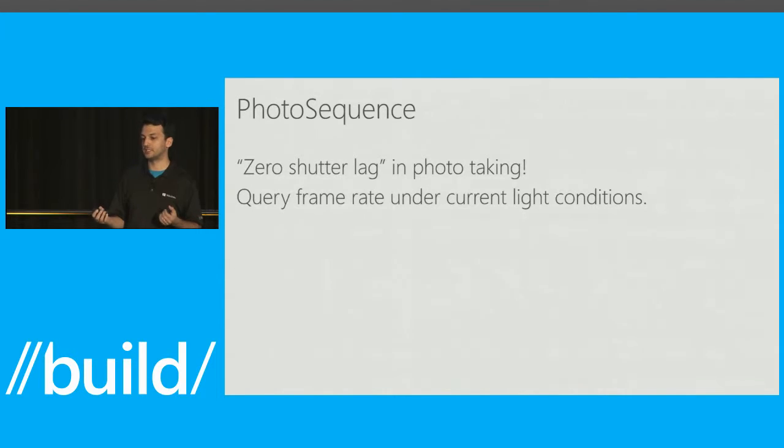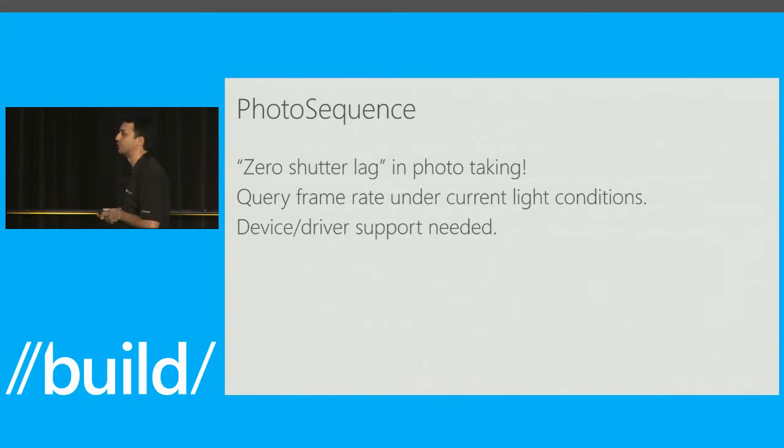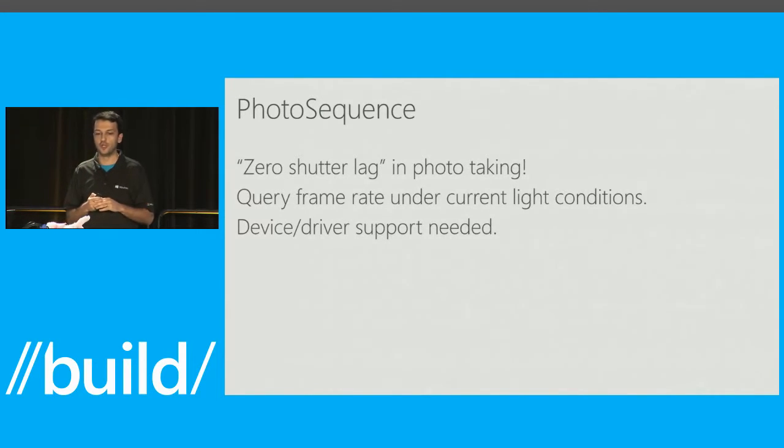The importance of this is that we're taking a bunch of pictures in a burst mode, right? And the number of pictures that you can take will vary greatly on the lighting conditions. And so you may choose to turn off your scenario if at that given moment, with the lighting conditions, you're not able to take enough pictures. So this functionality allows you to do that. Again, this does require device and driver support, so you would need to check that whenever you write the app.